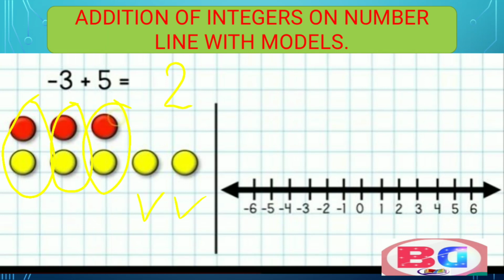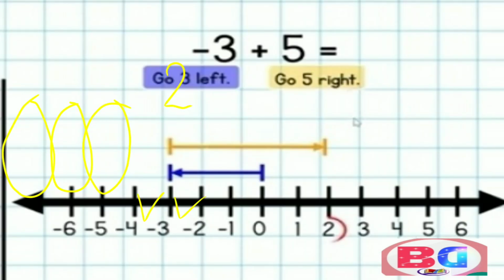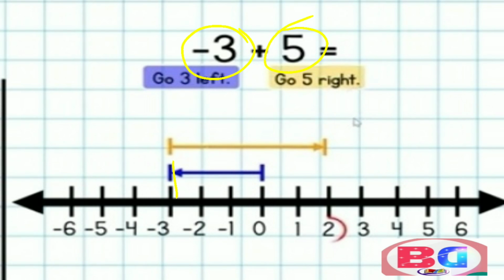Now let us see the addition of two integers on the number line when we are given two opposite signs, negative and positive. When we are given a negative integer, we need to proceed toward the left side from the origin. How many steps? 3 steps: 1, 2, 3. For the number 5, we need to proceed toward the right side.